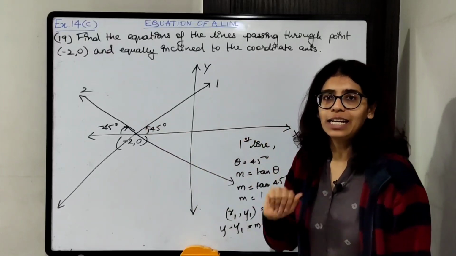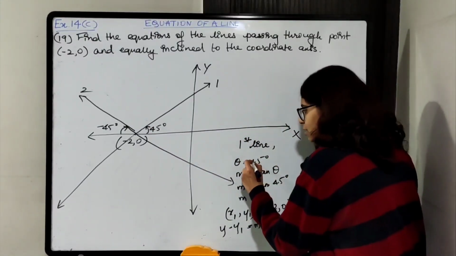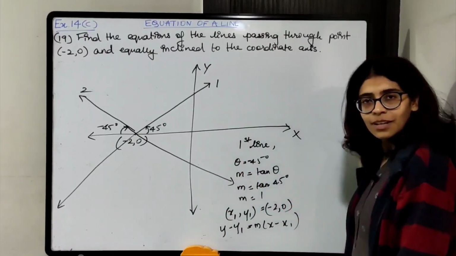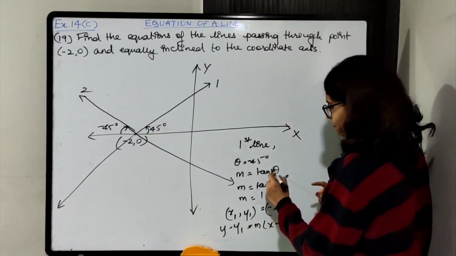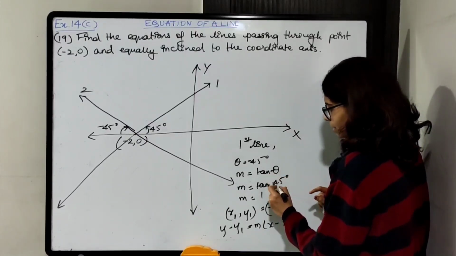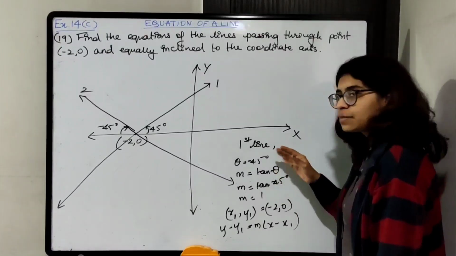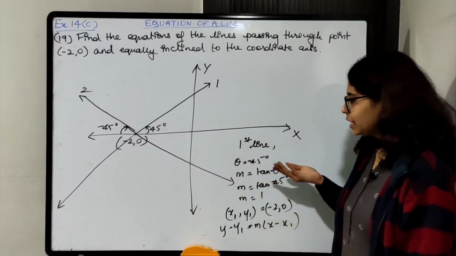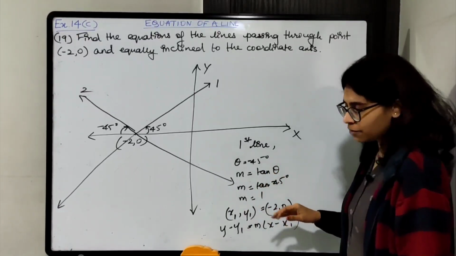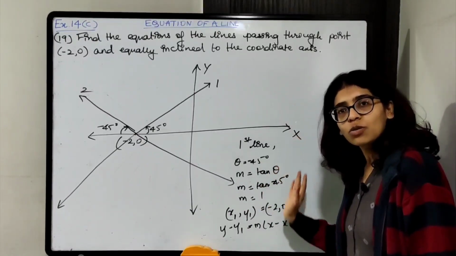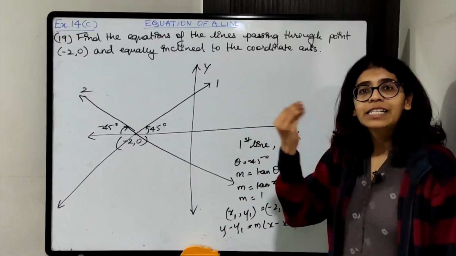Same way for the second line. For the second line, theta is minus 45, so it will be tan of minus 45. That is, theta is basically negative. Jab bhi negative sign hoga usko bahar nikal lo, so it will be minus tan 45, that is minus 1.